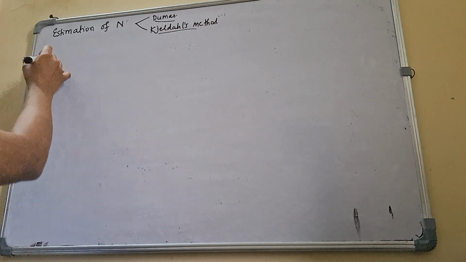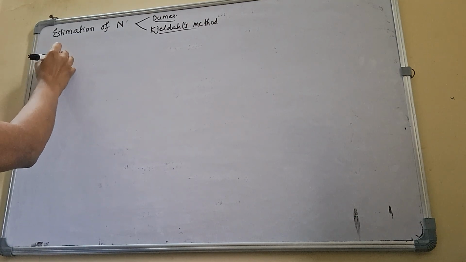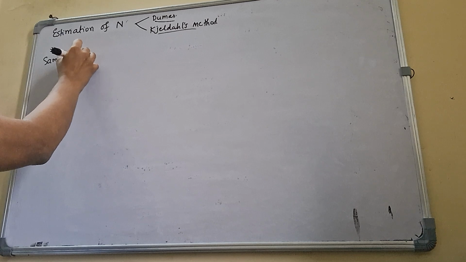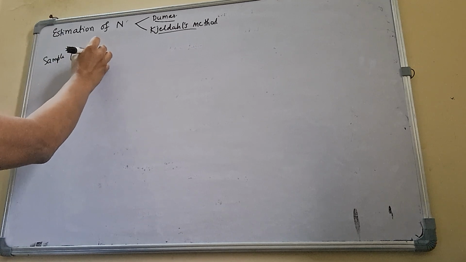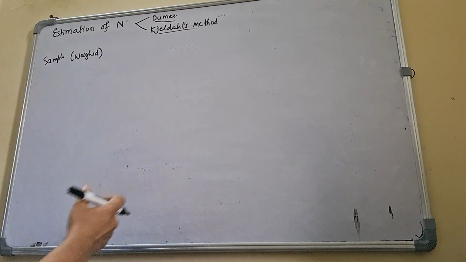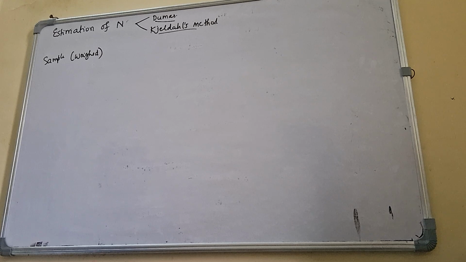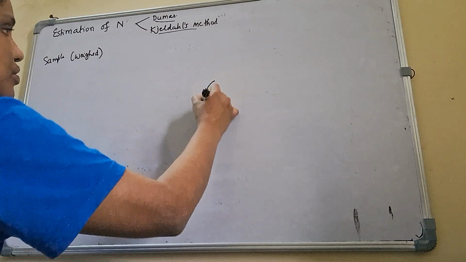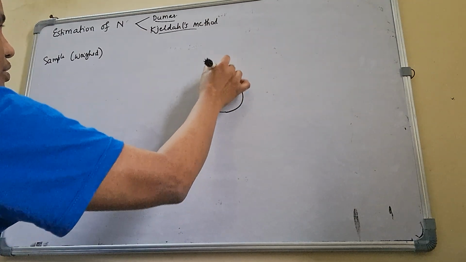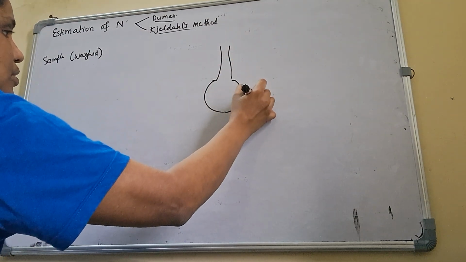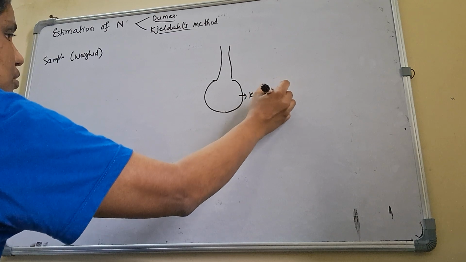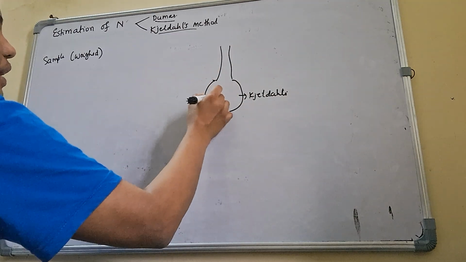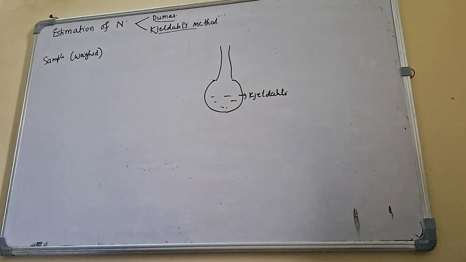You take a sample of the organic compound; the sample is first of all weighed. In all the cases, you have to weigh the sample before conducting the experiment, and then it is placed in the Kjeldahl flask. There is a flask which is called the Kjeldahl flask. So this is my Kjeldahl flask, and here you are going to keep that organic sample.